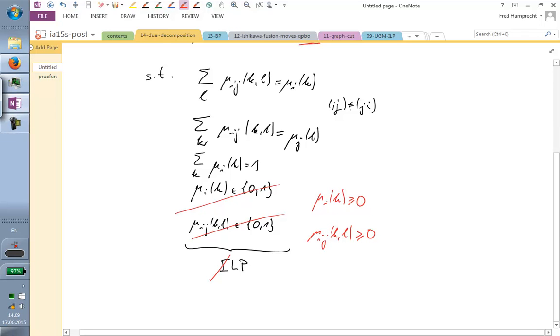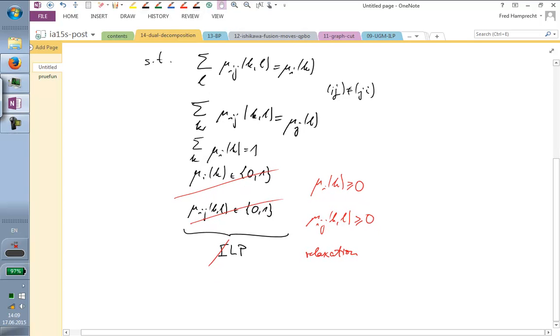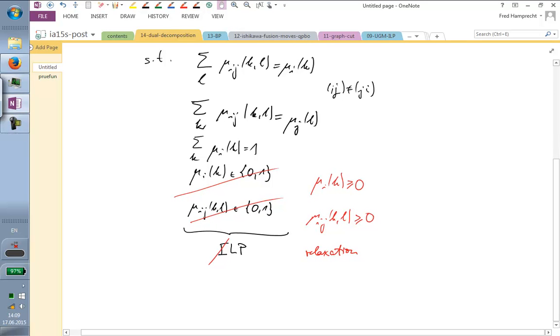And then this becomes a linear program, much cheaper. And this is a relaxation of the original problem, because solutions that are feasible under the original constraints are still feasible under the new constraints, but not vice versa. So we now have a larger space of admissible solutions.